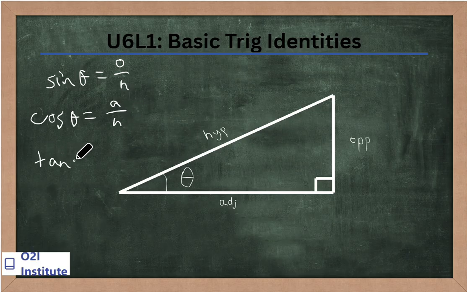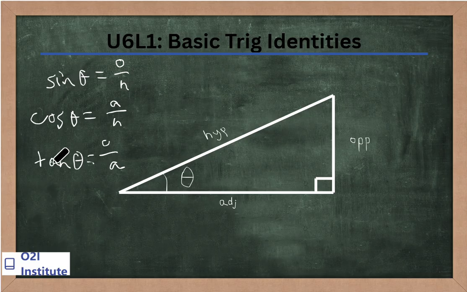And tan theta is equal to opposite over adjacent. See if you can come up with an identity for each one of these. Pause here. And now play.